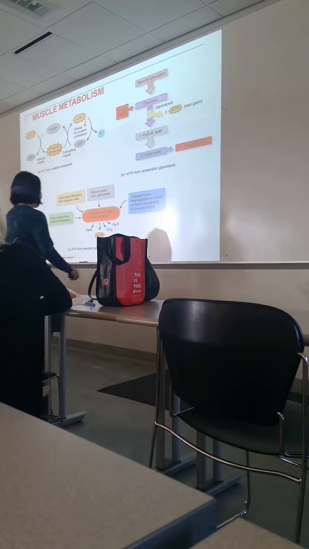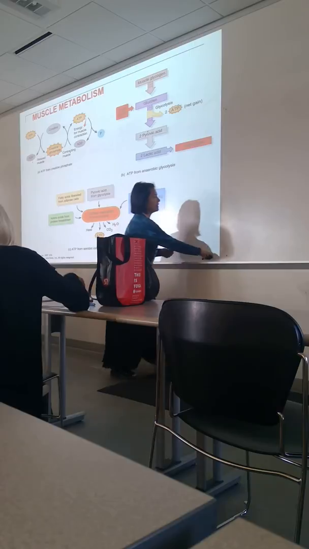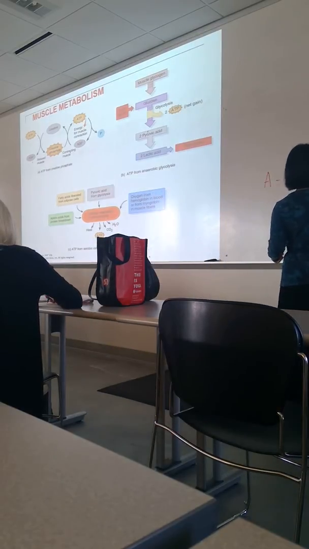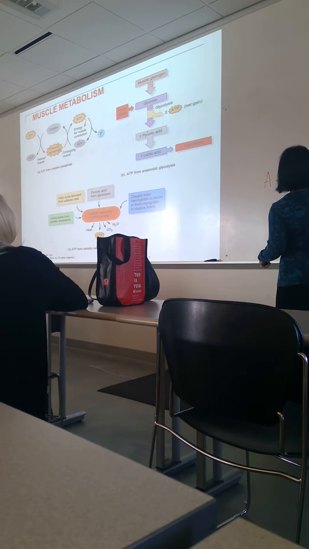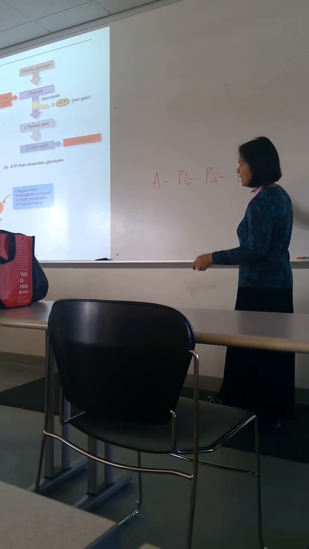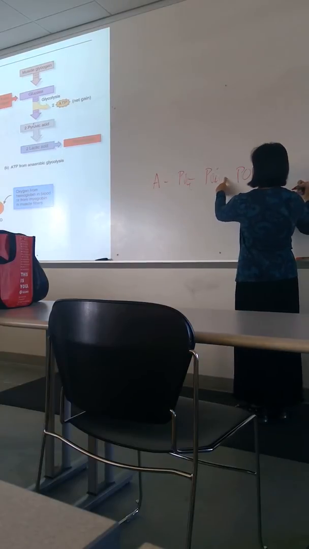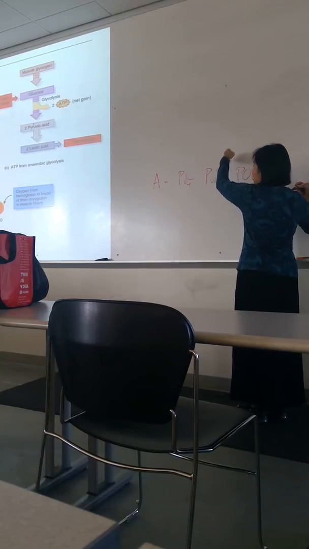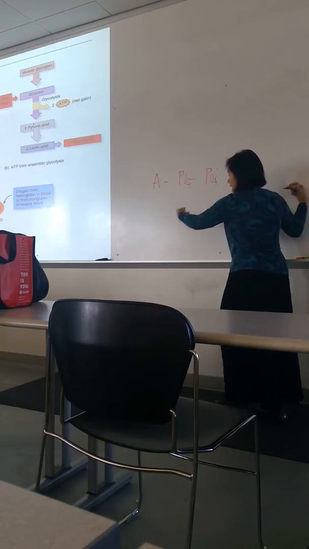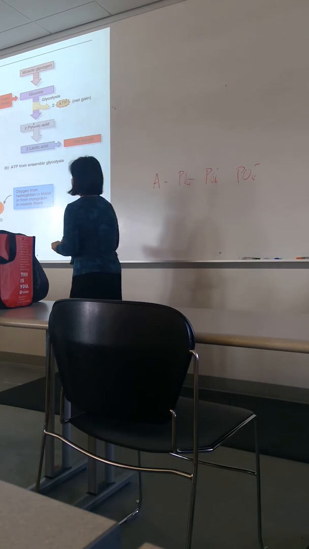So remember, ATP looks like this, adenosine and then triphosphate, right? 3 of them. So when we burn this, you break down this bond, you release the energy. That's what powers muscle contraction. So it's no longer ATP, it's now just ADP. And that's the product. You see?